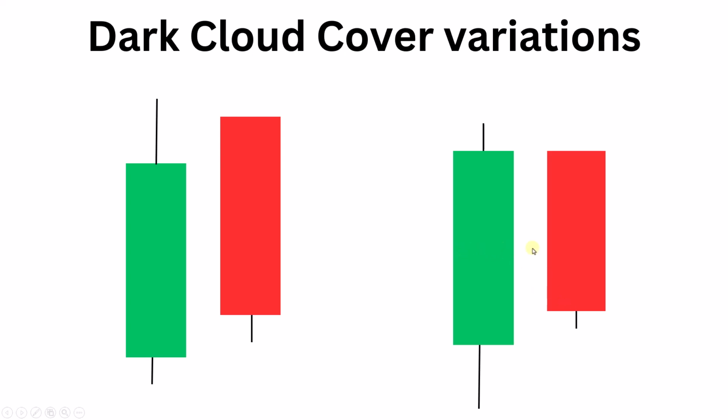So this is also acceptable. We want the close of the red candle as near as possible to the opening of the green candle. If it is here, then it is still better. Alright, so these two are the variations.